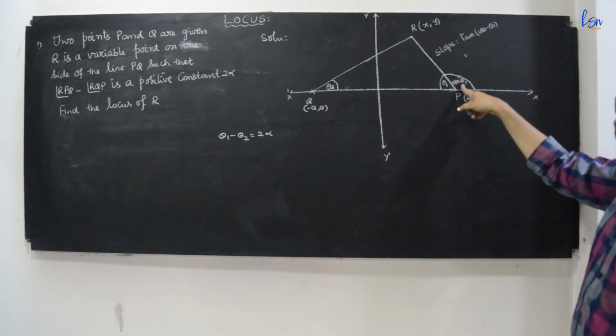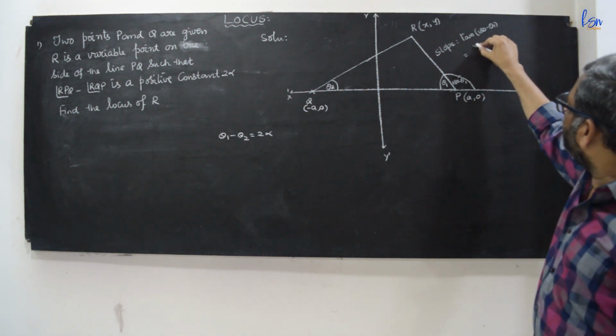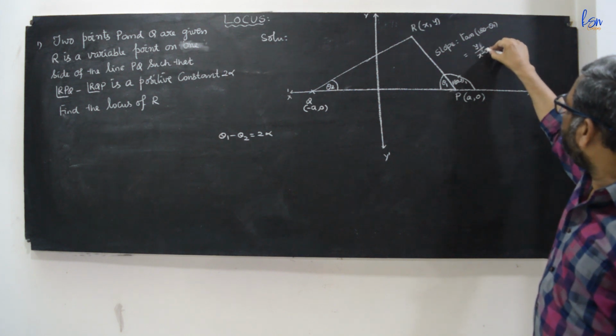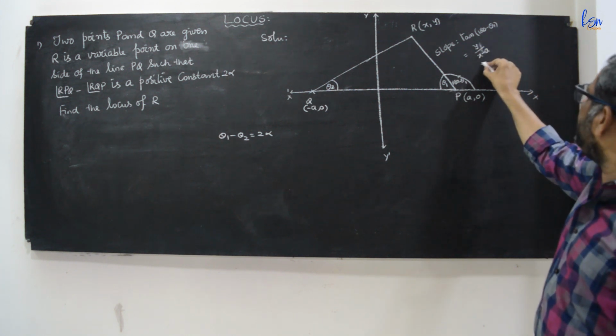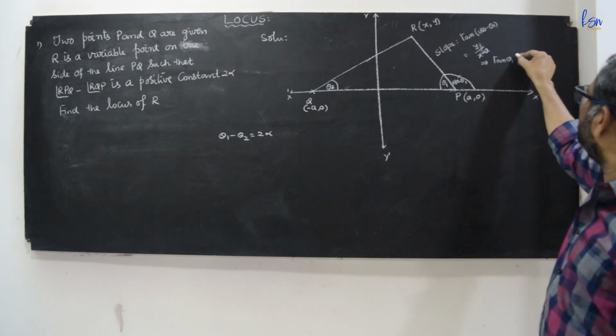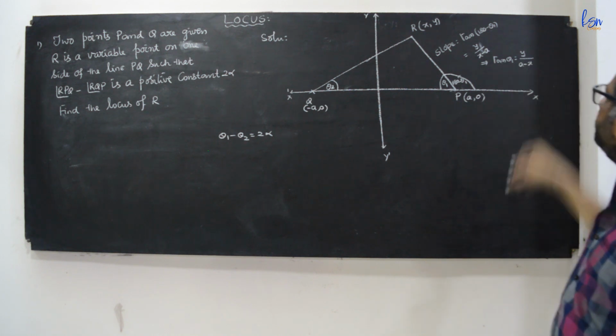So tan of 180 minus theta 1 is equal to y by x minus a. Tan of 180 minus theta 1 is minus tan theta 1. So tan theta 1 is equal to y by a minus x.